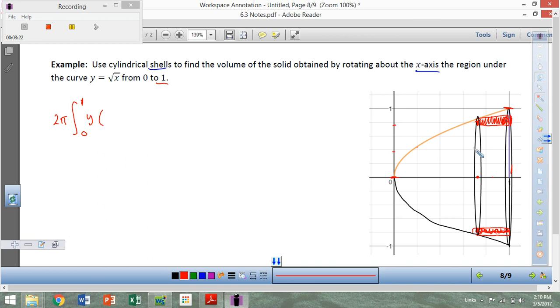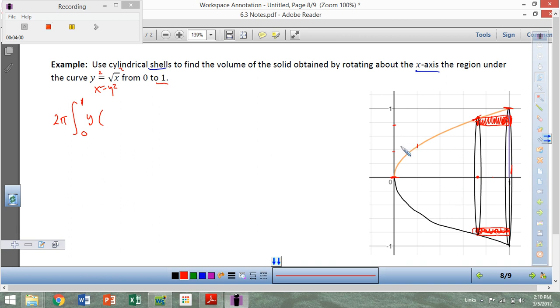But then if I go down to where the bottom of the rectangle is going to be, that's always determined by this other function, which is the square root of x. However, since I want this in terms of y, I need to square both sides here, and I need to think of this as being x equals y squared.